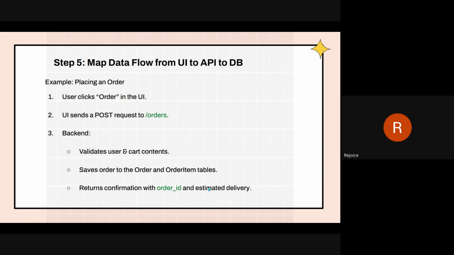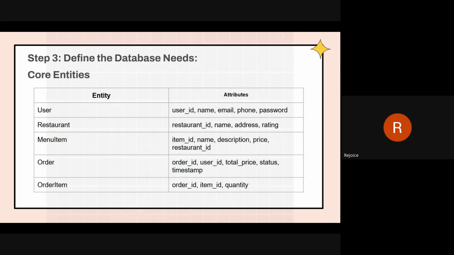Then the estimated delivery. So you know that our order ID has a timestamp. And then our order item has an item ID, and our order basically has a timestamp, right?